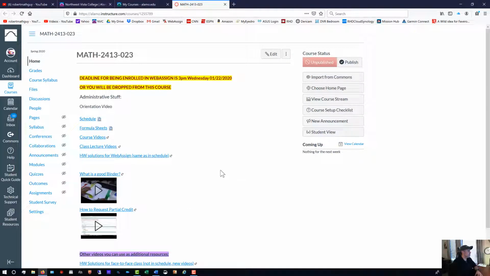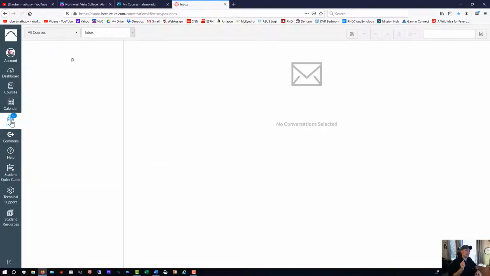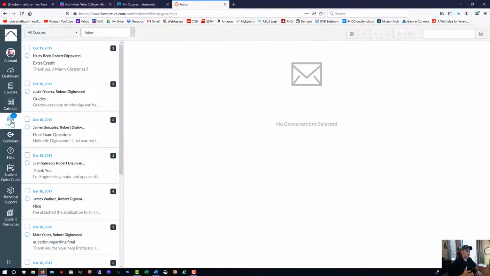First thing I want to do is talk about the inbox and the way we communicate. On the left-hand side in Canvas here, you'll have your inbox, and this is the acceptable way to communicate with me. Don't be sending me emails or anything else through Yahoo or Gmail or anything like that. Everything has to be done officially here.